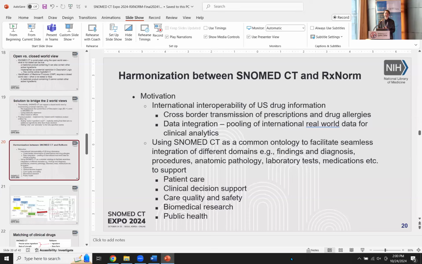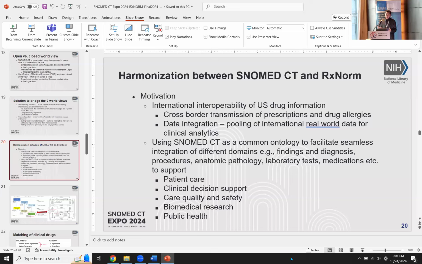And of course, data integration: if you have drug information coming from different countries, and you can put them together under the same logical model, it will be easier to analyze. The second motivation for transforming RxNorm into the SNOMED format is that we can leverage what is already in SNOMED CT as a common ontology to facilitate integration of different domains.